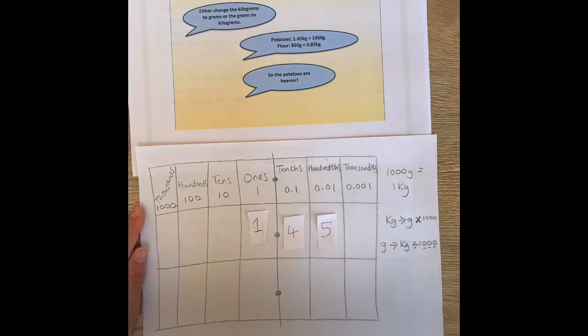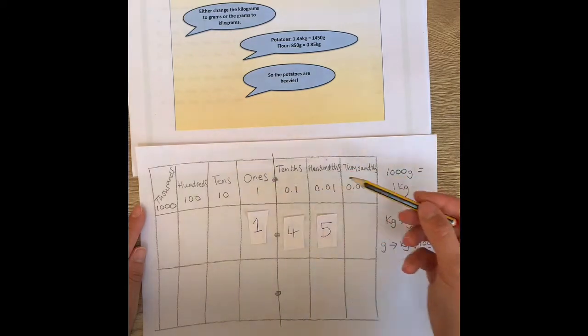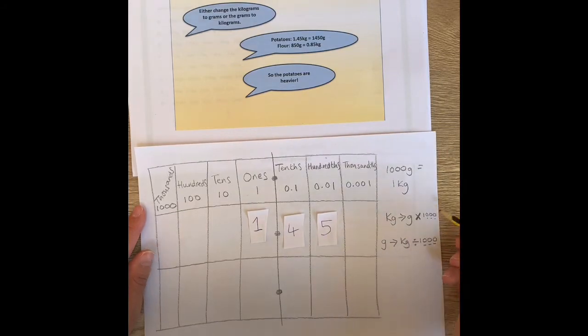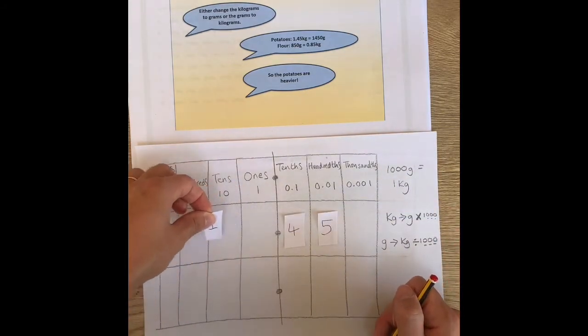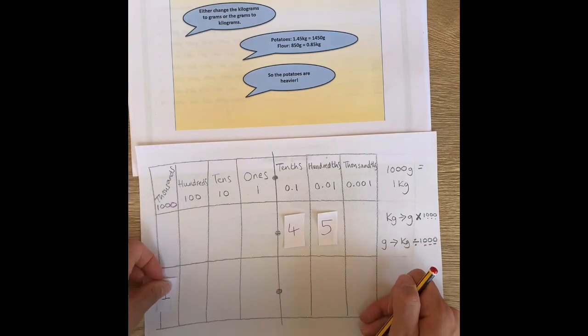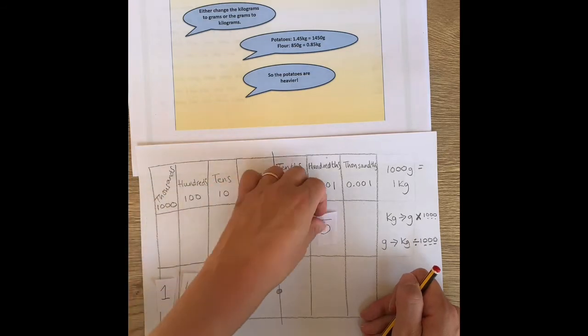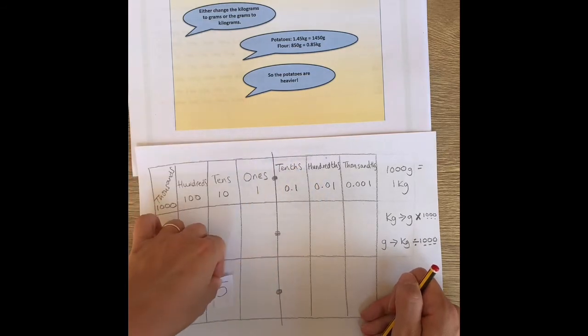So in multiplying numbers by 1,000, these numbers need to shift. We need the number to get larger. They're going to shift in that direction. And as we're multiplying by 1,000, 1, 2, 3, there are 3 place value holders in 1,000. So therefore we need to jump 3 times in that direction. So 1, 2, 3, I'm going to move it down to the second row. 1, 2, 3, move it down to the second row. 1, 2, 3, move it down to the second row.